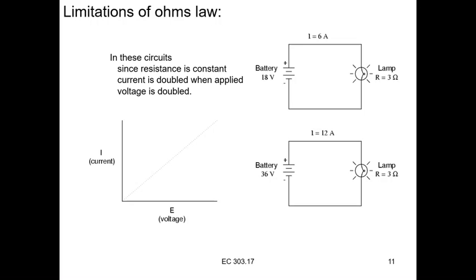That means, by seeing these two cases, if the applied voltage is doubled from 18 volts to 36 volts, the current is also doubled because R is constant, from 6 amps to 12 amps. So the current and voltage characteristic is linearly proportional.